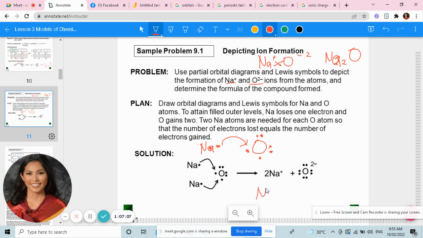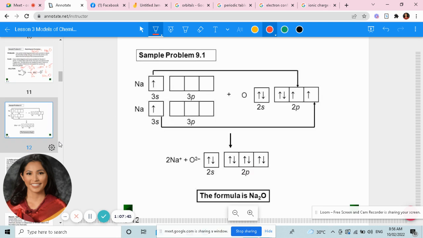Then another sodium will also transfer, forming sodium ions: two sodium ions plus an oxide ion. So in the third step, we have Na2O. That is ionic bonding.